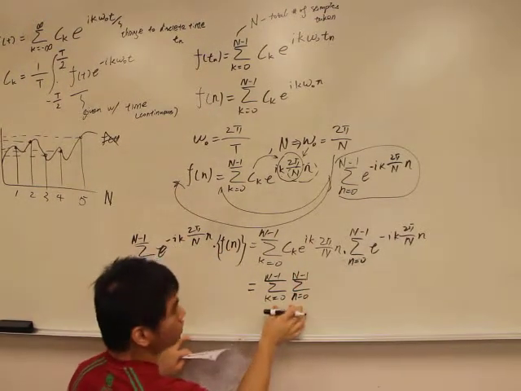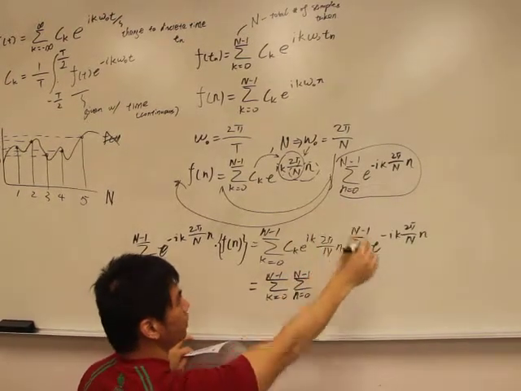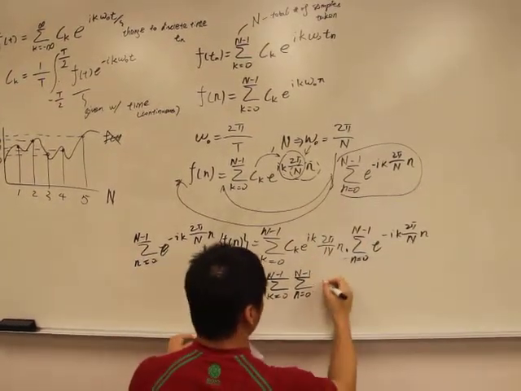Notice that we now have two different summations, so we account for n as well as k.